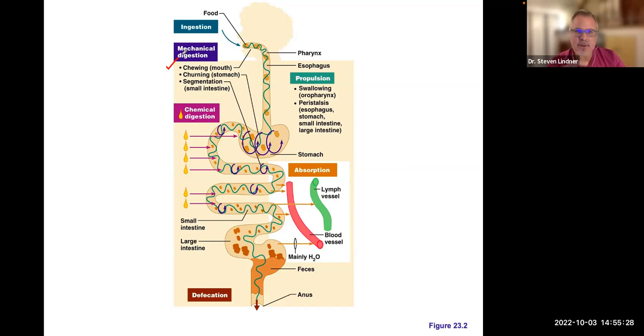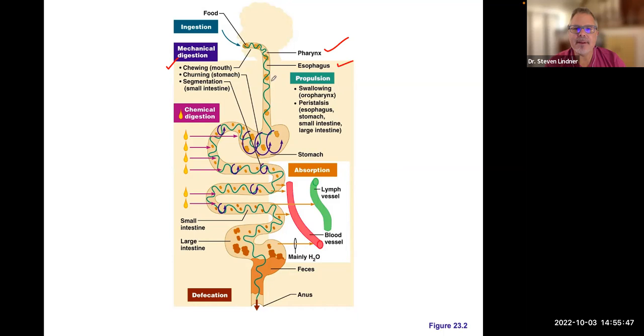In terms of chemical, you're not breaking down proteins and fats in the mouth. We have an enzyme here to break down just starch.